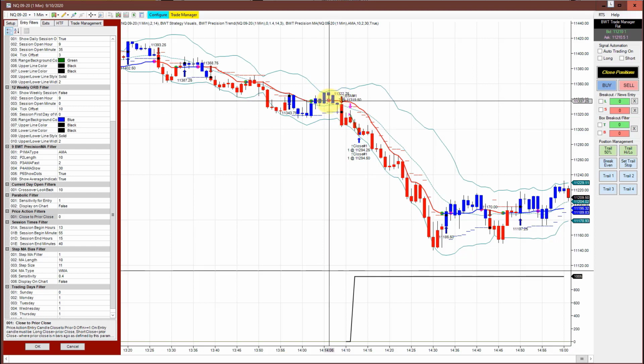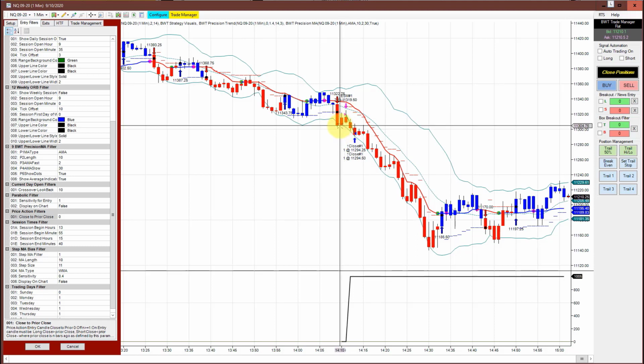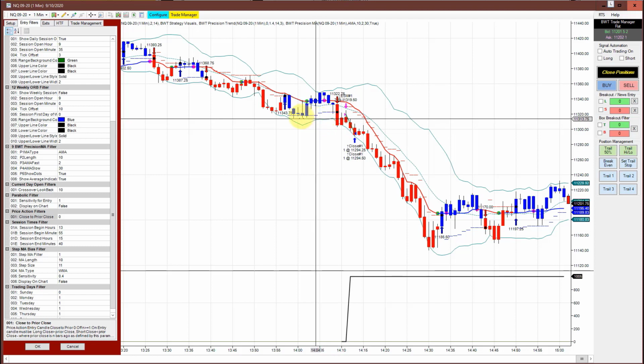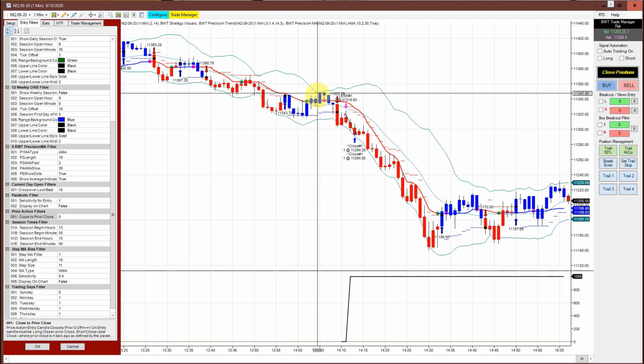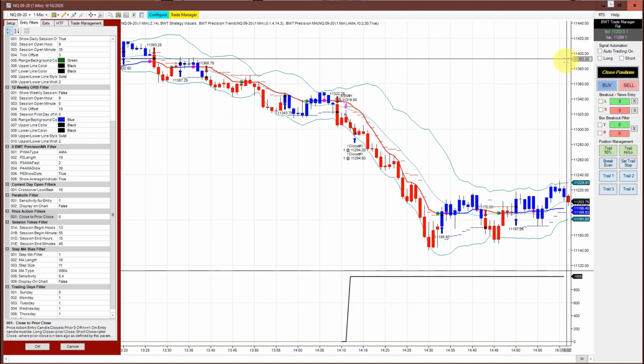At 2 o'clock, it's often a high of the day or a turning point where the market either goes down or low. So right here, the 2 o'clock bar was this high, and I had this on shorts only, actually. This was like this, and I turned it off.